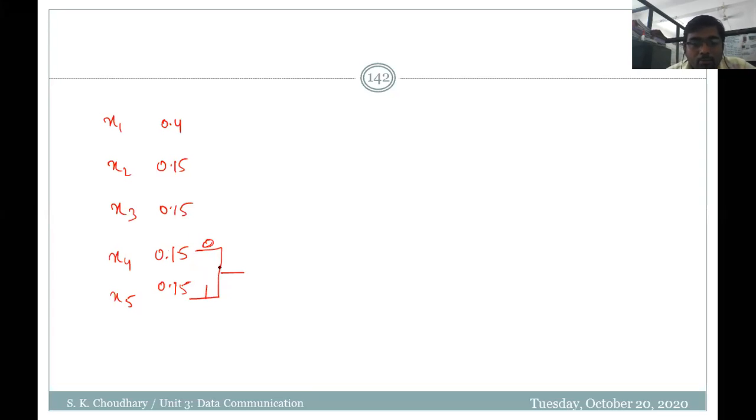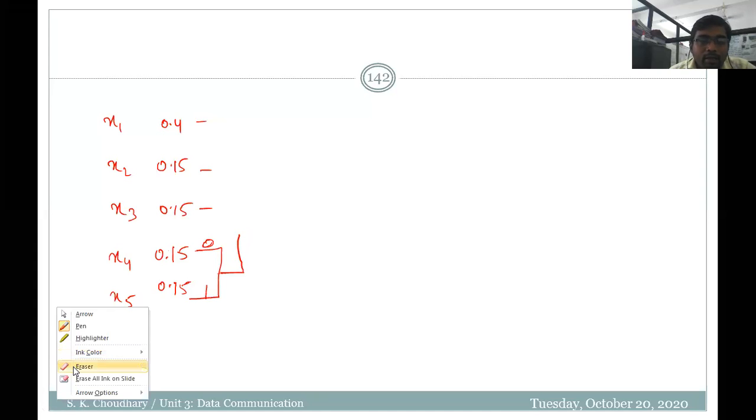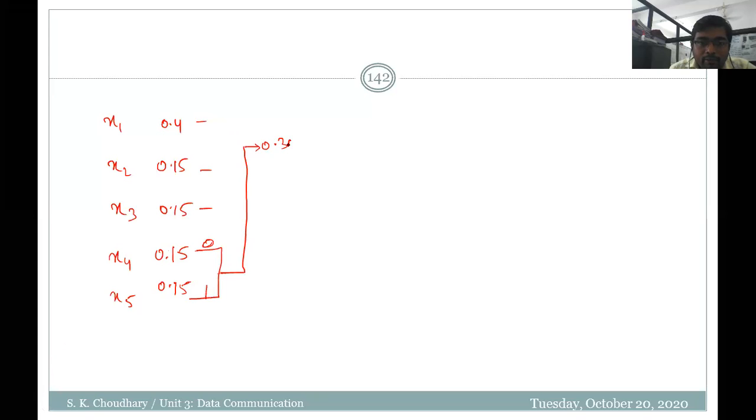So you can see 0.3 is larger than the probability of x2 as well as x3. So what we have to do here is, in the space between x1 and x2, we write 0.30.